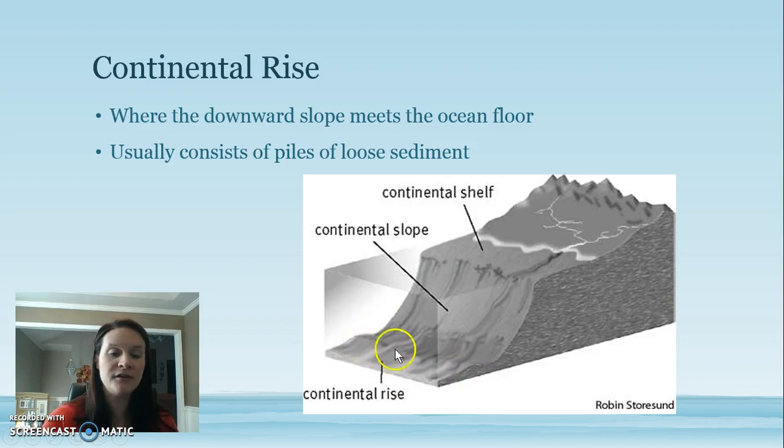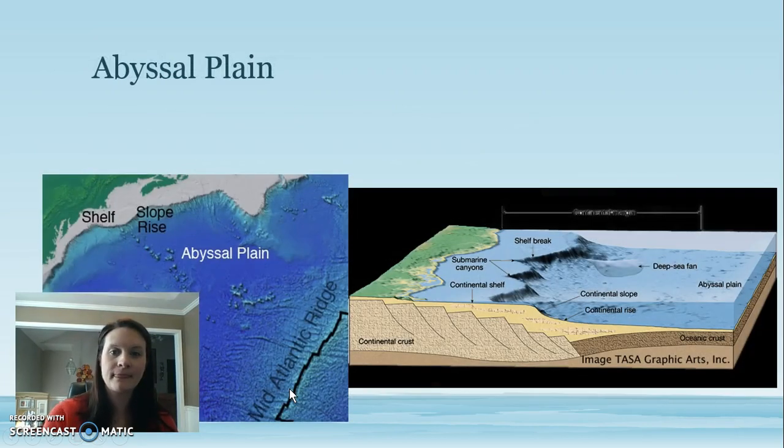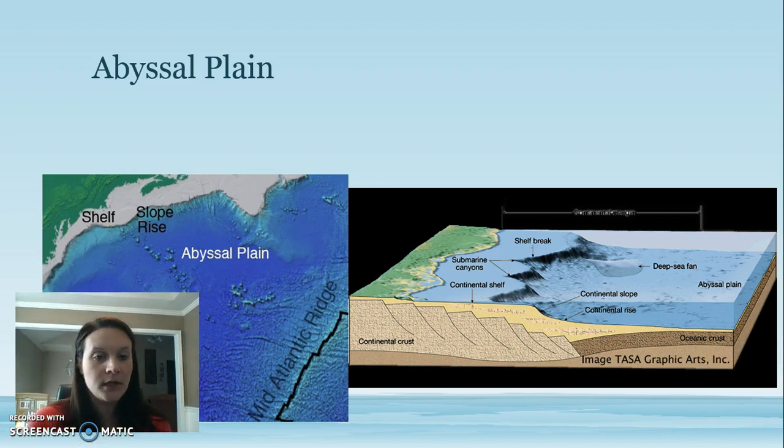Here, you're usually going to find a lot of loose piles of sediment that have accumulated just from gravity settling there at the bottom. So the continental rise connects the continental landscape to the oceanic crust floor. Now you're actually on the bottom of the ocean floor.